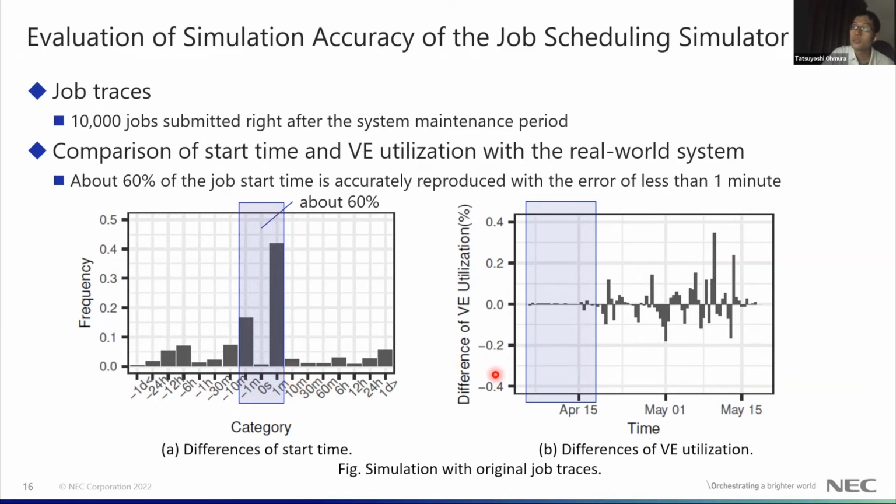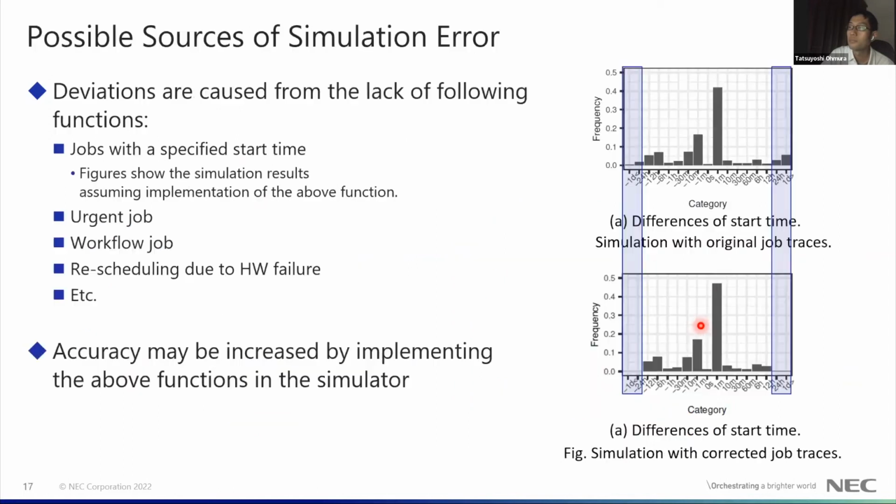The right figure shows the difference in utilization. There is no difference at the beginning, but you can see that the difference is expanding more and more over time. This slide shows a feature not implemented in the simulator.